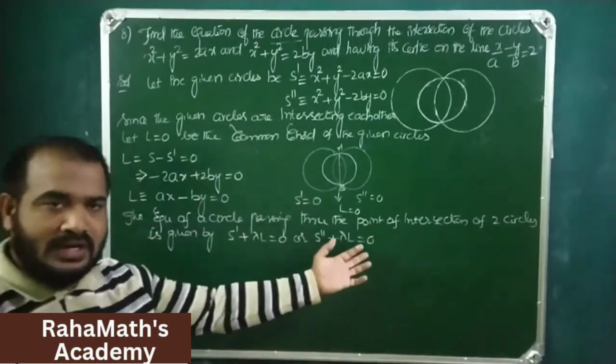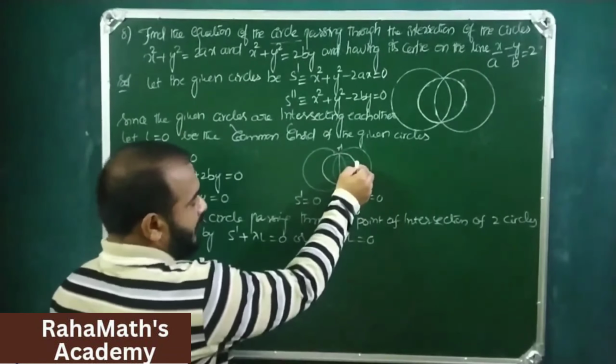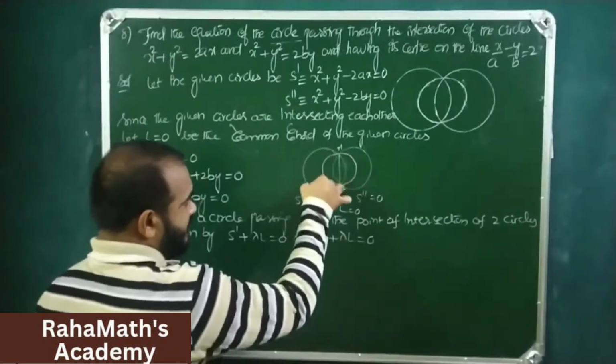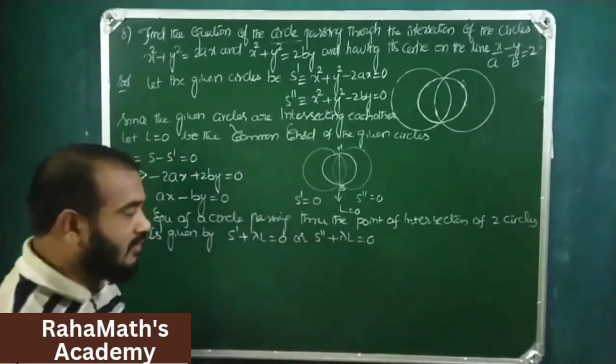Any one of these you may take, because this circle is passing through the point of intersection of S equals 0 and L equals 0.